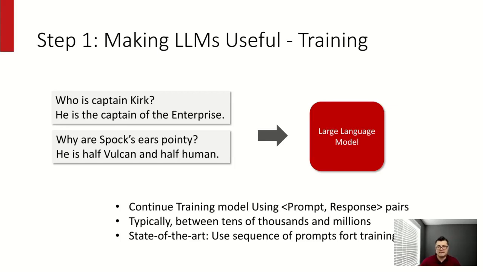What I found is when they start training the model with these kinds of prompt response pairs, suddenly it starts becoming a lot more useful. This effort of training it and nudging the model towards providing responses is what they call alignment.